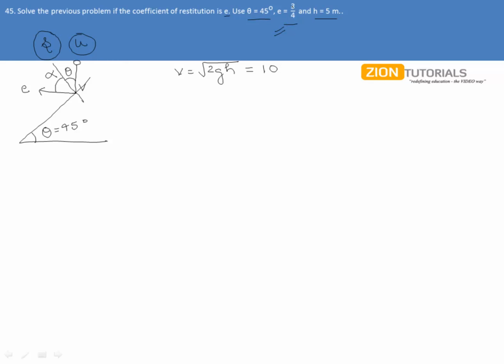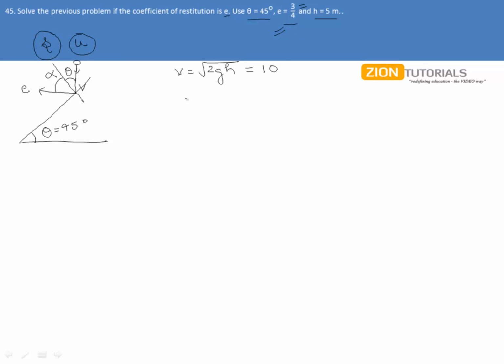Now friends, we are having the coefficient of restitution equal to 3/4. This velocity of the ball is in two directions. One is along the plane and one is perpendicular. And we know that the component along the plane is not going to change. That is going to remain the same because separation and coming together, that is the approach, are perpendicular to the inclined plane. That velocity is responsible for that.